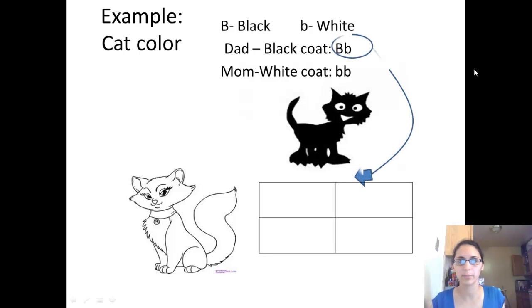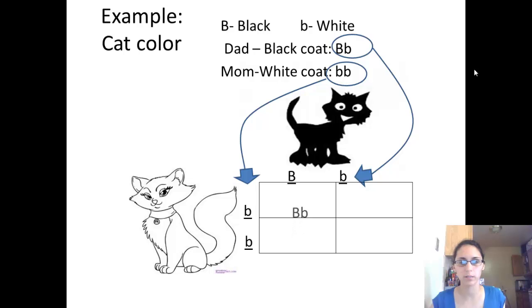And here's our Punnett square. So first we place the dad's alleles on top here. So he has one big B and one little b. Next we place the mom's alleles on the side. So she has 2 little b's. And then we fill in our Punnett square. So our first square is going to look like this. So we're going to have one big B from our dad. We'll pull that down here.